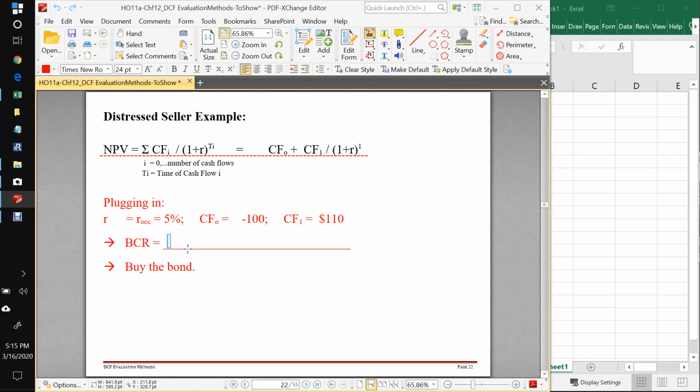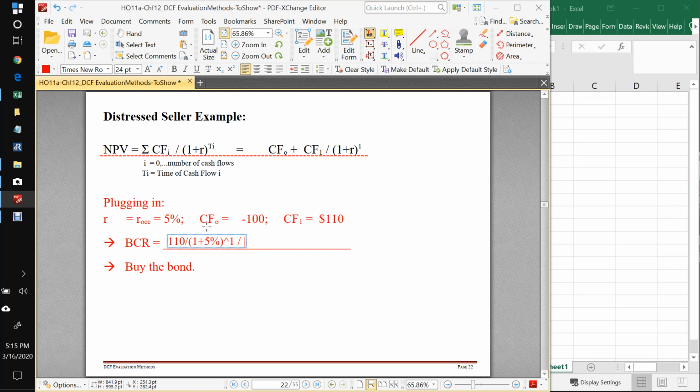Okay, so that's going to be 110 divided by, I've got to present value it, okay, so I've got to divide it by 1 plus 5% raised to the 1. So that's my numerator. And in the denominator, I want the present value of all my negative cash flows.